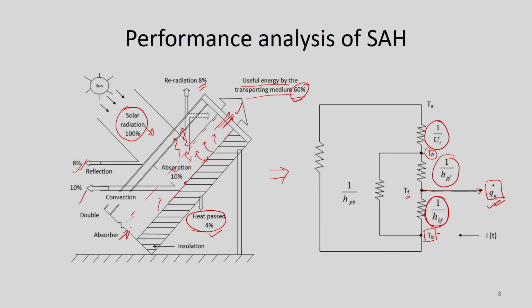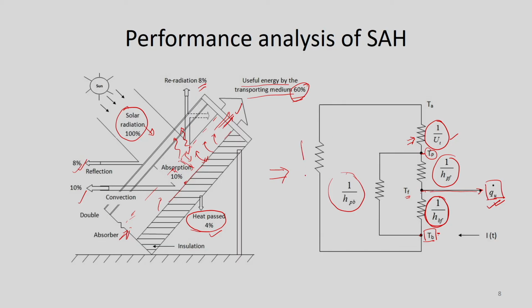So, top loss estimates the amount of losses taking place from the top of the collector, right. And if we combine these two, we get the heat transfer taking place in between these two plates.